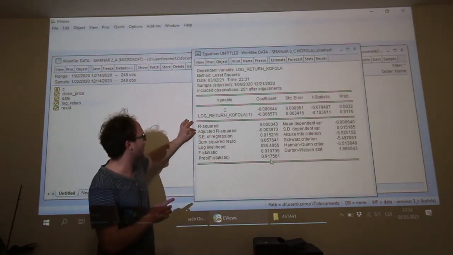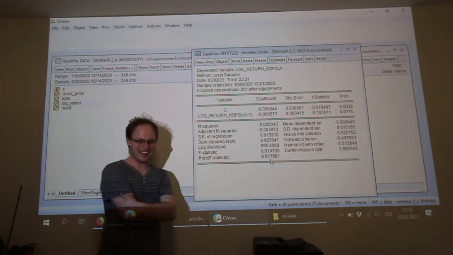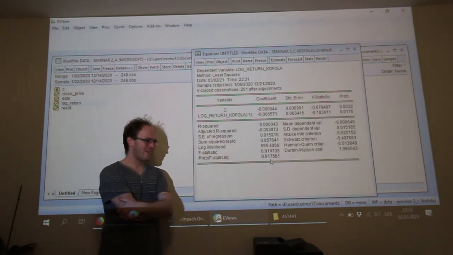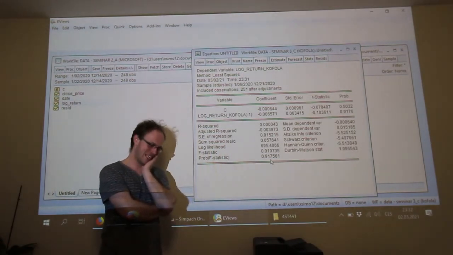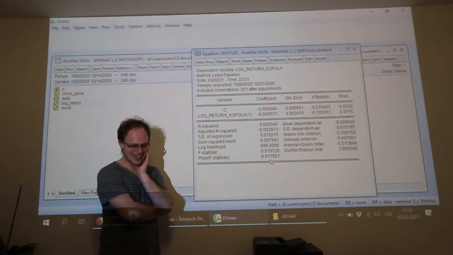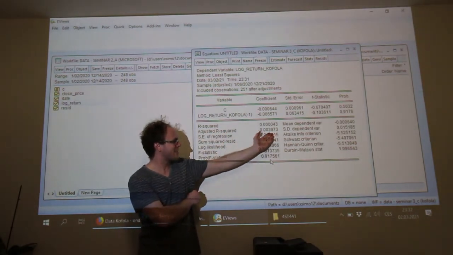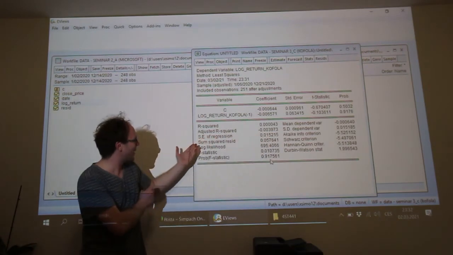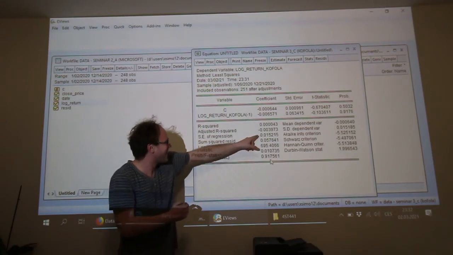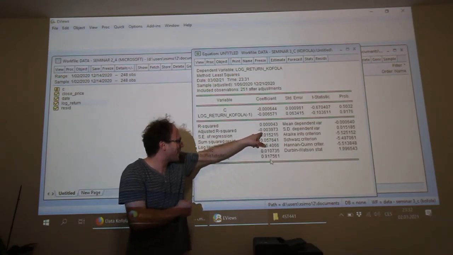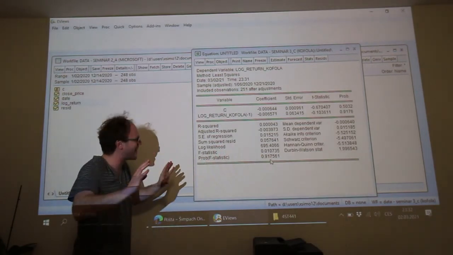And please check here adjusted R squared. R squared or adjusted R squared is in the range 0 to 1. And here you can see a very interesting situation where adjusted R squared is negative, minus 0.00 and something, so it's absolutely nonsense.